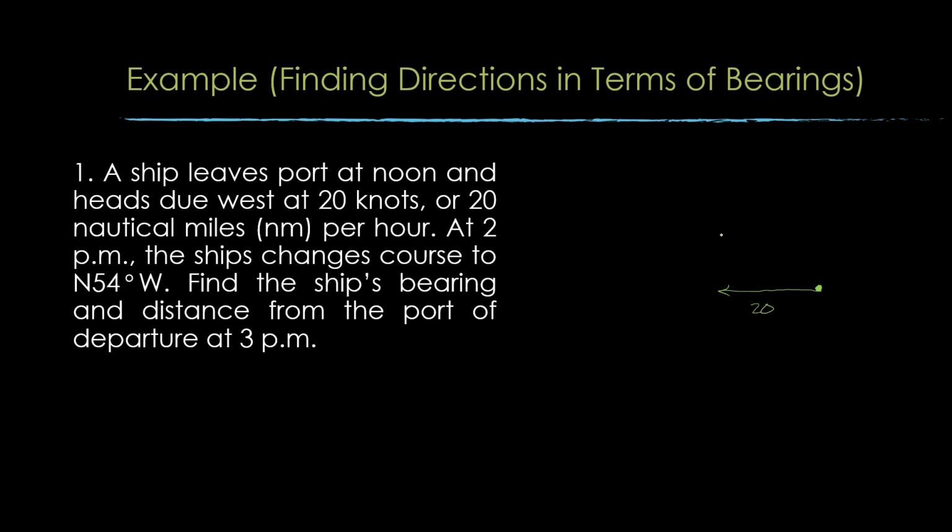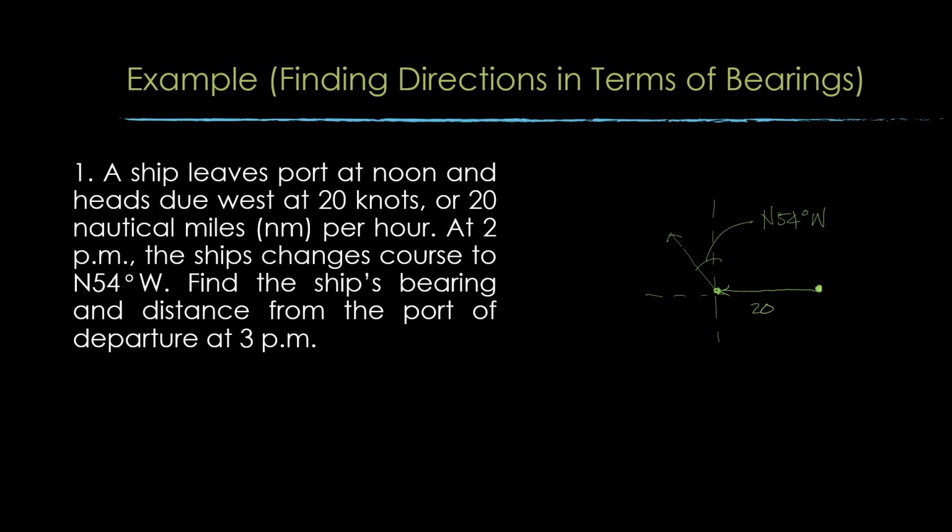Okay, and after 2 hours, the ship changes its course to 54 degrees northwest. So from here, nag-change na course to 54 degrees northwest. And question was, we are to find the ship's bearing and distance from the port of departure at 3 p.m. Okay?